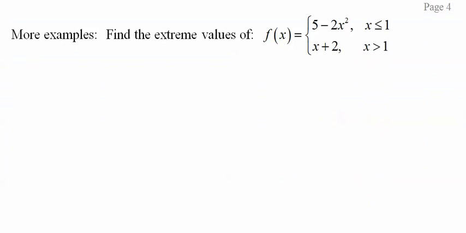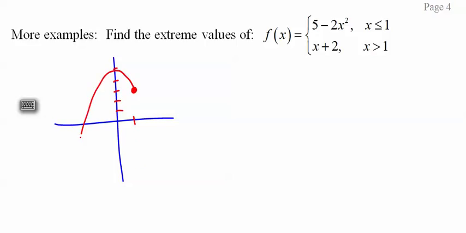So, find the extreme values. This one's piecewise. So, graph the sucker. X is less than or equal to +1. We got 5 minus 2 is 3. Include this point. It's an upside down parabola. It hits at 5.